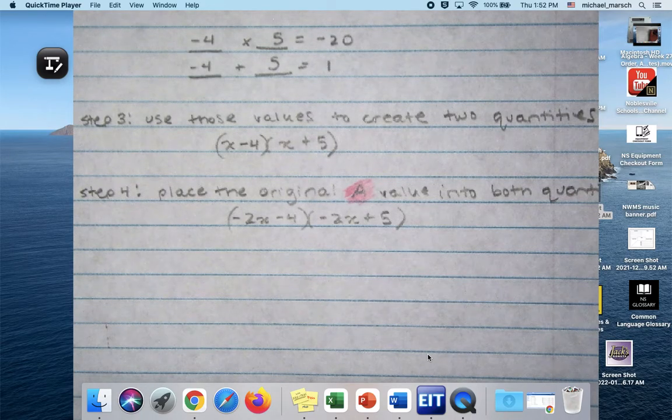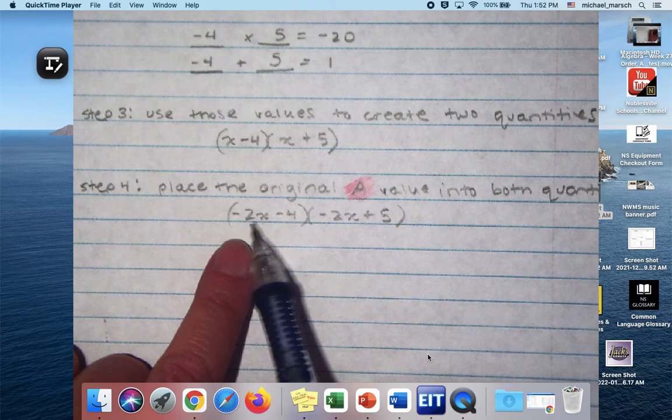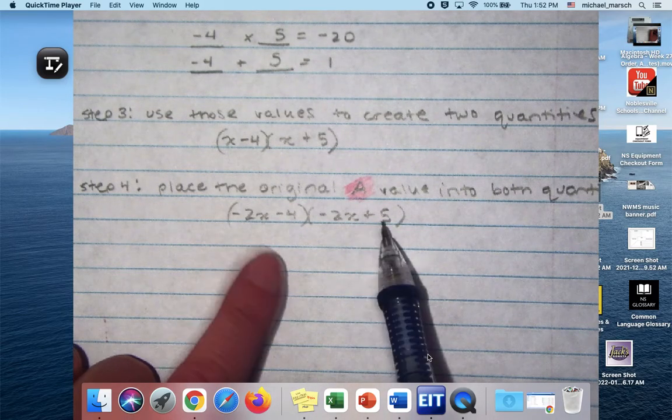It's just the process. We're not quite done yet. Remember, there's 7 steps, so this is just one of the 7. So I put that a here in front of this x, negative 2, negative 2.